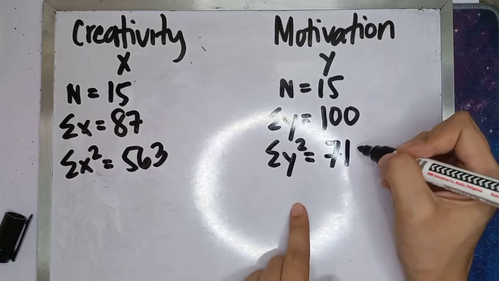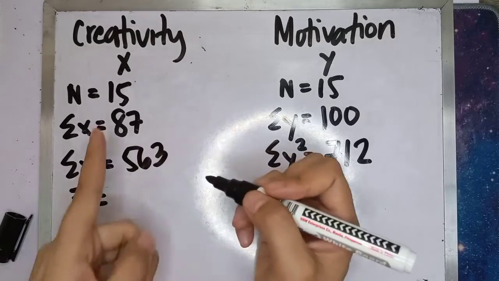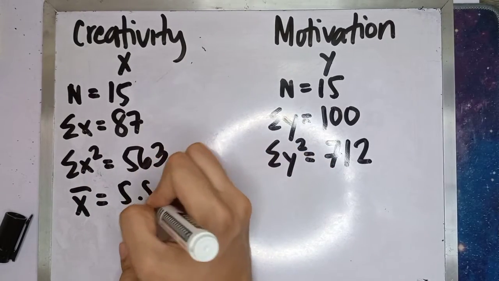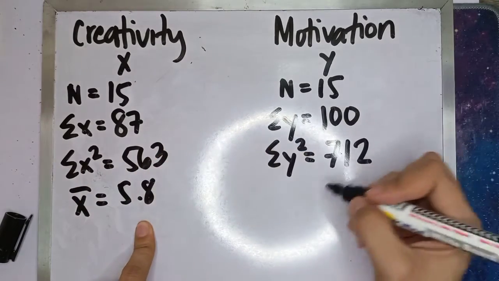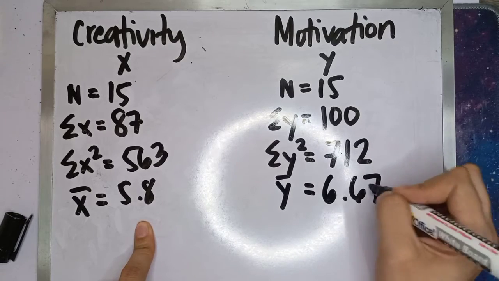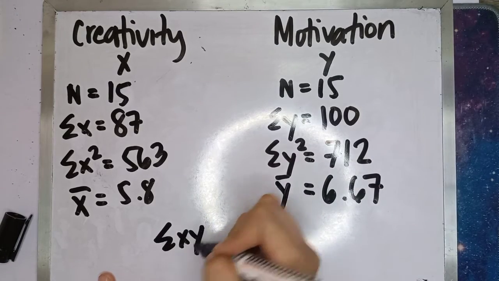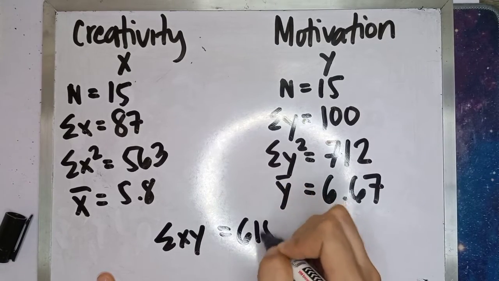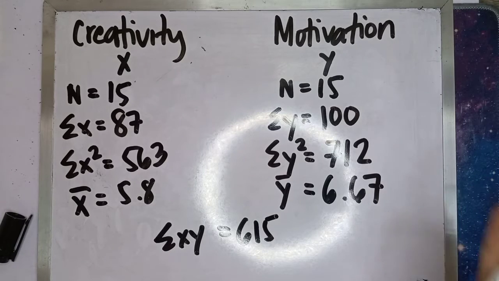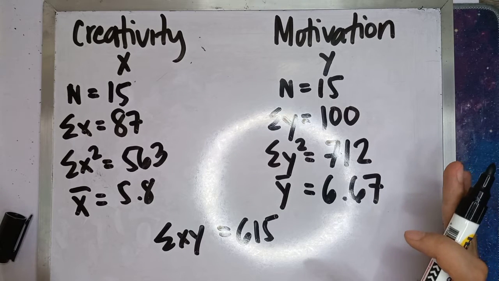Okay, summation of Y squared, 712. Ang mean natin sa creativity ay 5.8. Okay. Ang mean natin sa Y ay 6.67. Okay. At ang summation of XY natin ay 615. So, ito yung mga data na kailangan natin para makompute natin ang linear regression.